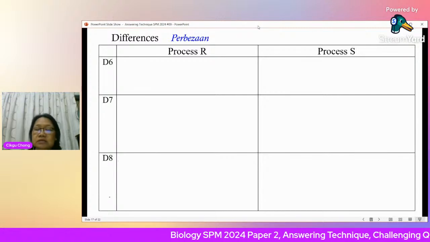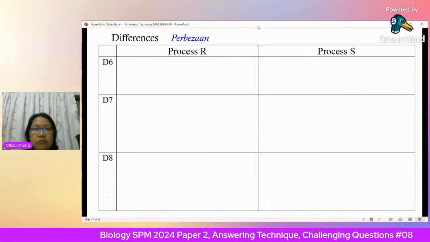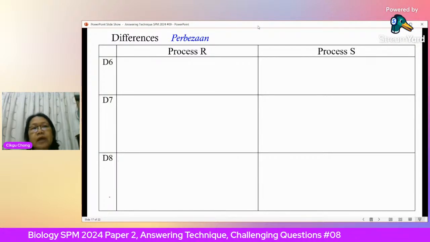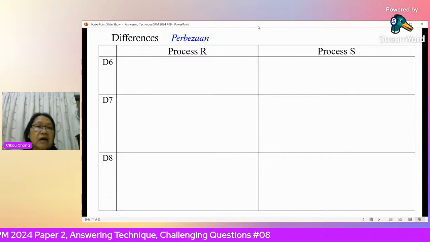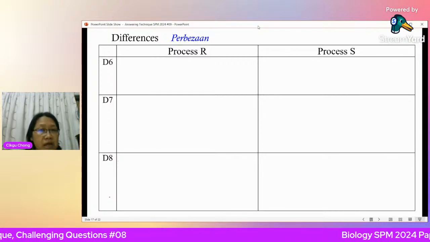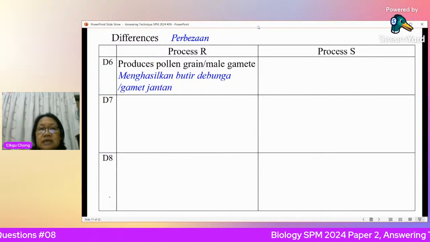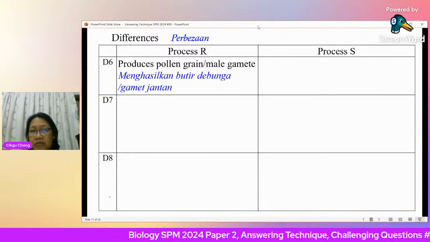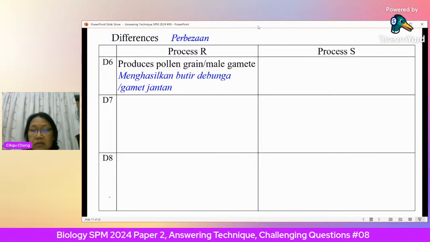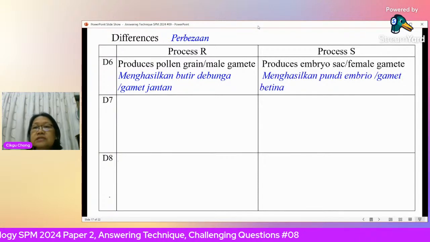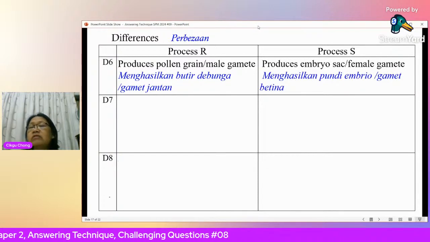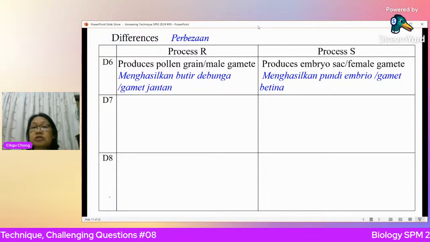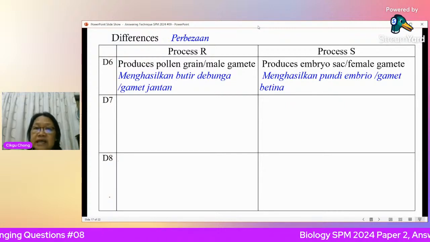Now let's talk about the differences. D6. We continue from the D5 just now. Process R, this is the development of the male gamete. Process R will produce pollen grain or male gamete, whereas process S produces embryo sac or female gamete. So this is not about structure. We're talking about the process.